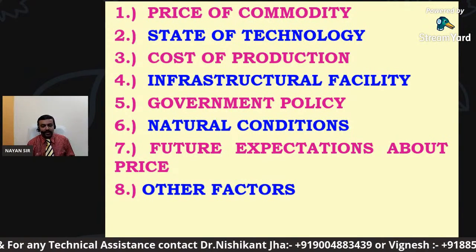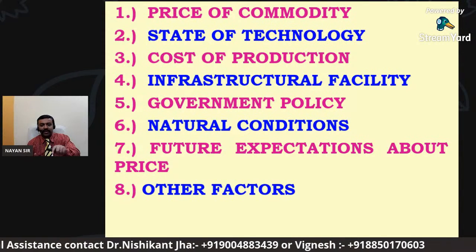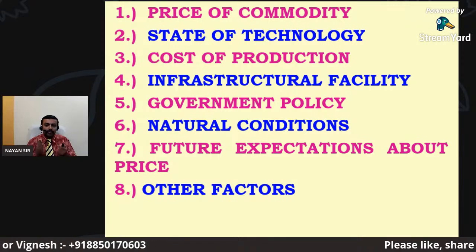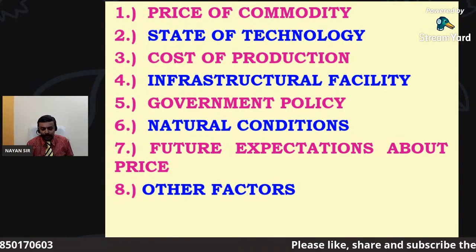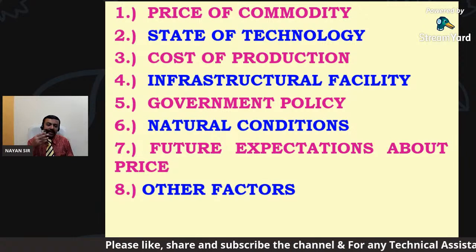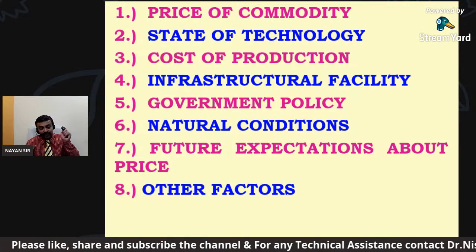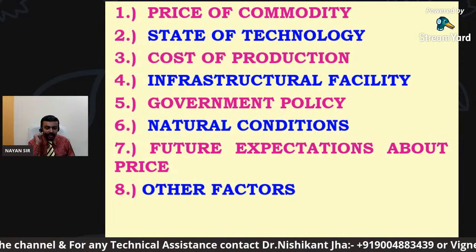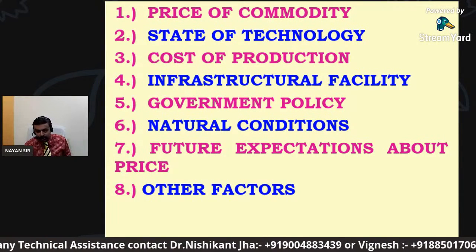Infrastructural facilities. Infrastructural facilities are in the form of electricity, various communication, transportation. These influence the production process as well as the supply process. Shortage of these facilities decreases the supply, and it is vice versa. Then the fifth determinant, as you can see on your screen, is government policy. Now let us see what is government policy.